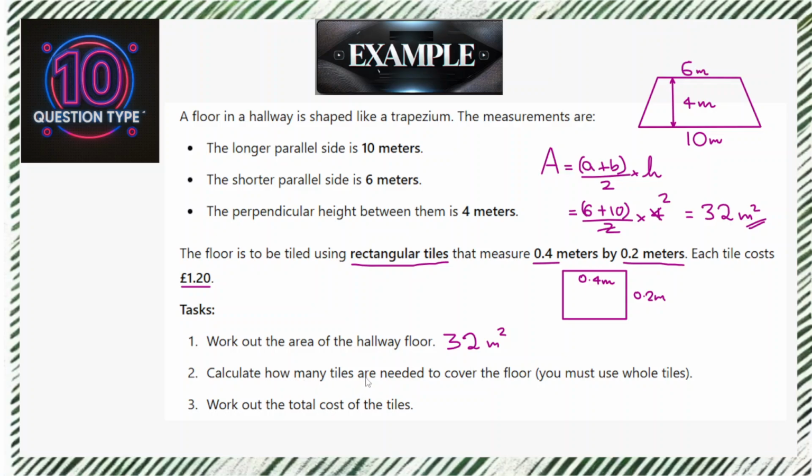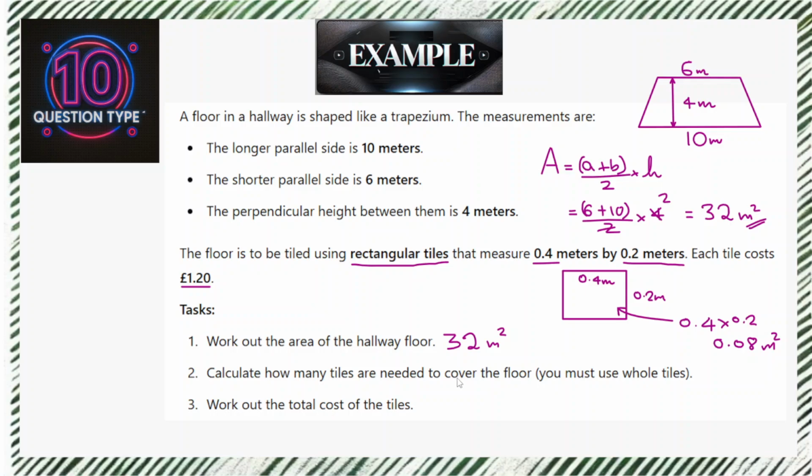Calculate how many tiles are needed to cover the floor. You must use whole tiles. Now let's find the area of one tile. That is very easy to do. All you need to do is 0.4 multiplied by 0.2, so 0.08 meter squared. So we know now the area of one tile is 0.08.